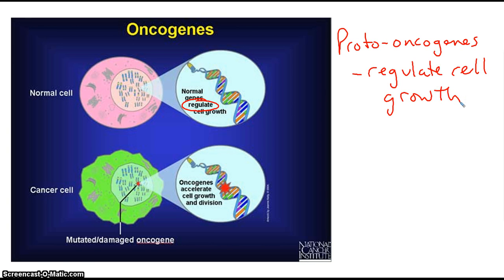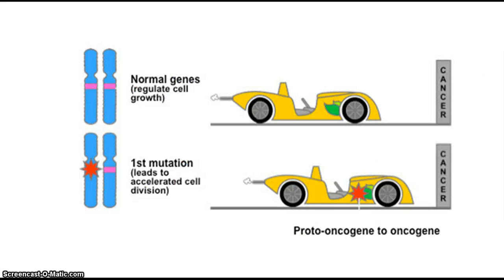And it's only if there is a mutation, or damaged proto-oncogene, that the proto-oncogene becomes an oncogene, and then the oncogene accelerates cell growth and division. That's what can lead to cancer. So when proto-oncogenes get turned on, they can become oncogenes, which leads to cell growth and division, which can lead to cancer.